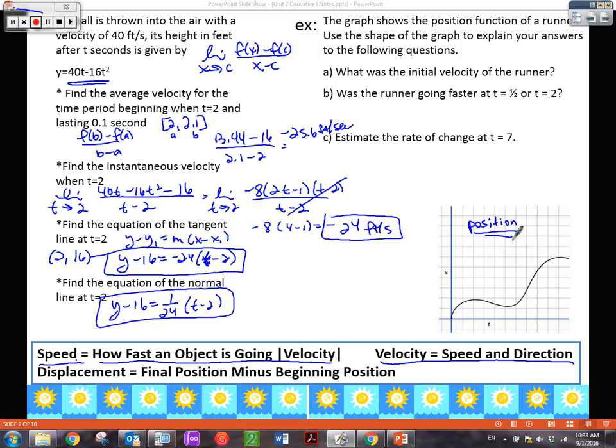All right. And they're asking us questions about velocity and speed. So we're going to have to think about this for a moment. If I have a position graph, I have to figure out how to view values of the derivative off of the position graph. That's what I'm looking for. All right, well, we just talked about on the last slide that the value of the derivative at a point is the same as the slope of the tangent at that point.